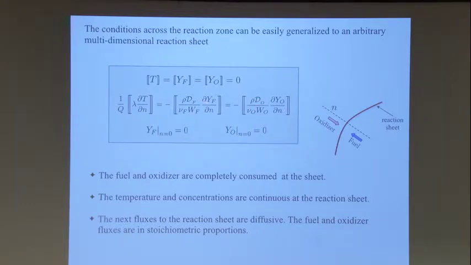So if you divide by the thermal diffusivity, you will see the inverse Lewis number and so on, but it's exactly the same thing. The key idea is that the fuel and oxidizer are completely consumed at the sheet. The temperature and concentration are continuous at the sheet, and the fluxes are diffusive, and they are in stoichiometric proportion.